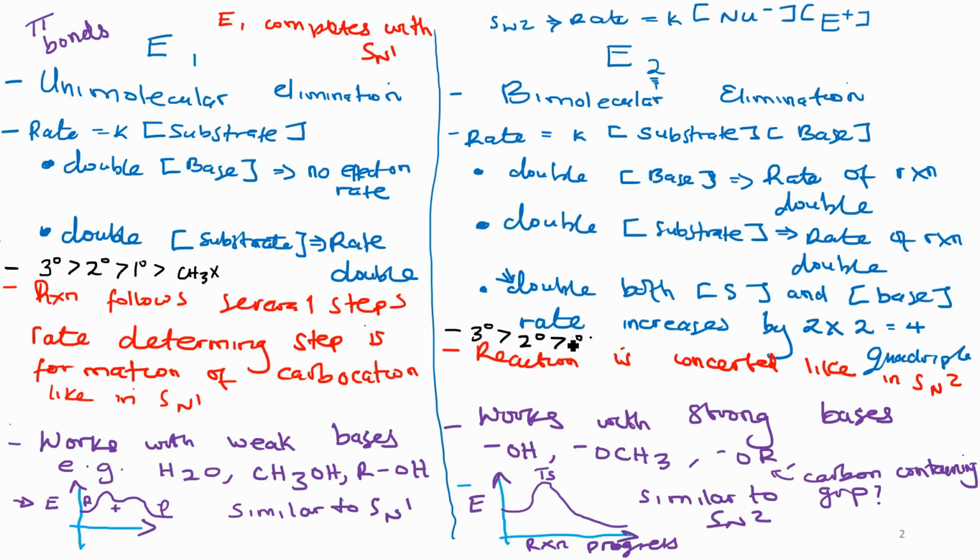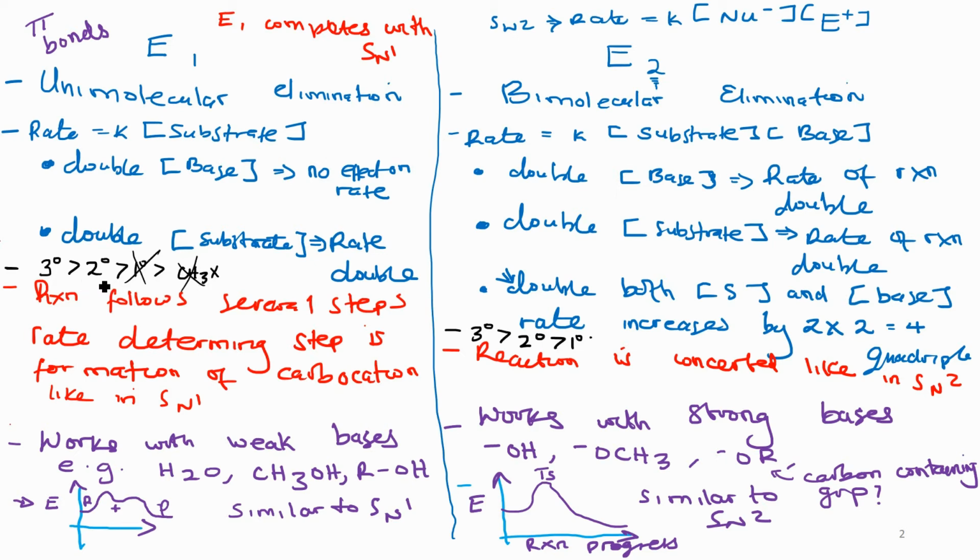In fact, for E2, you really have to have 2 carbons for it to happen. You have to make a double bond.